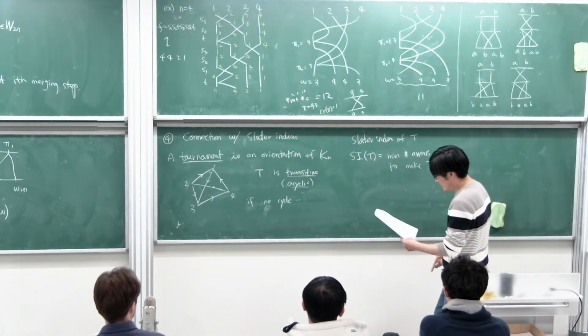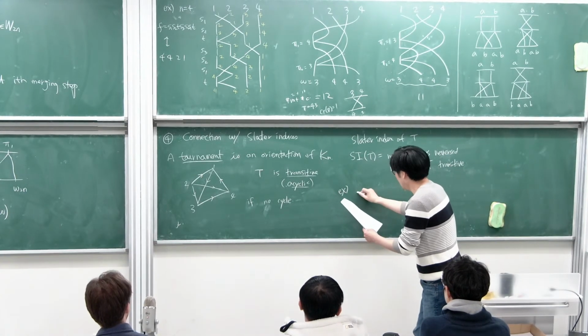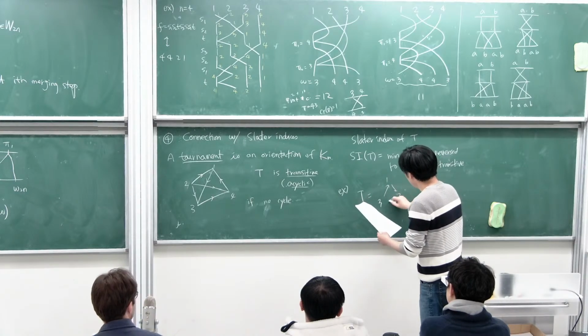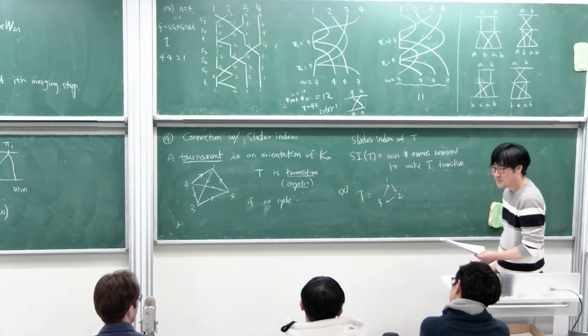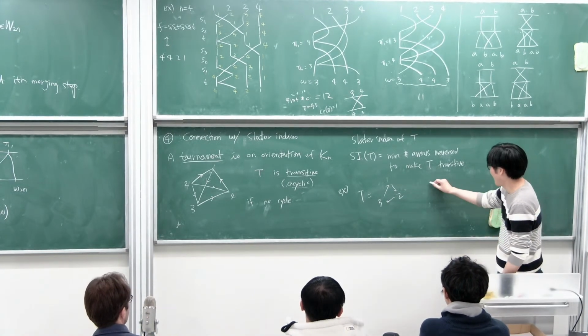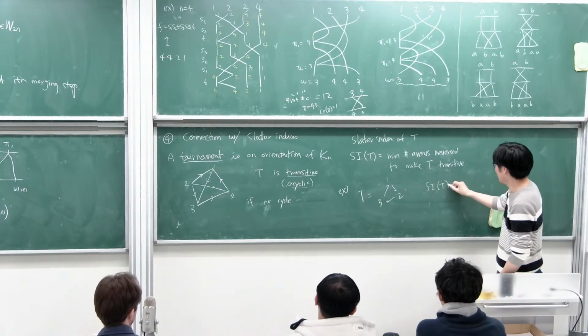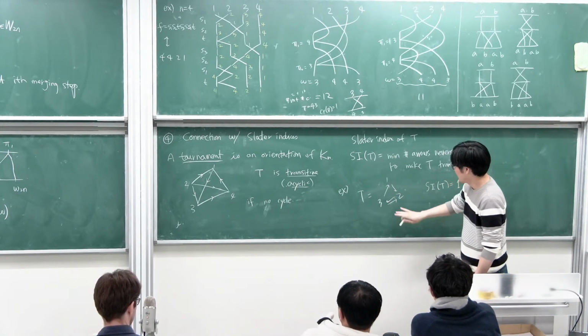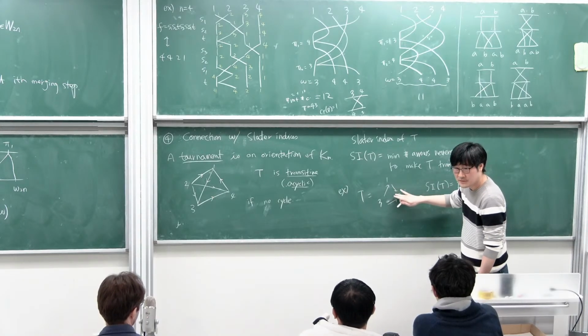Maybe just one example. Let's say T equals 1, 3, 2. What is the Slater index? 1. Yeah, you only need to reverse one, maybe any of these. If you reverse this, then there is no cycle, so it's 1.